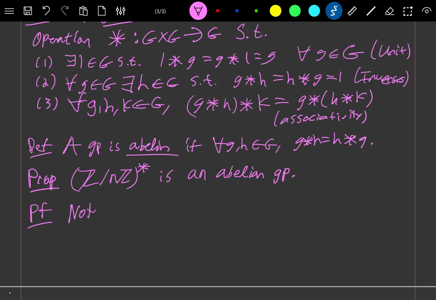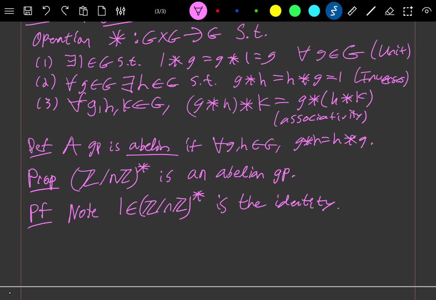We note that 1 is in Z mod nZ star and is the identity, just by definition. We had the equivalence class of 1 in Z mod nZ, and in that ring it's the identity. So if we're considering just multiplication, then 1 is the identity under multiplication. So that gives us the identity.